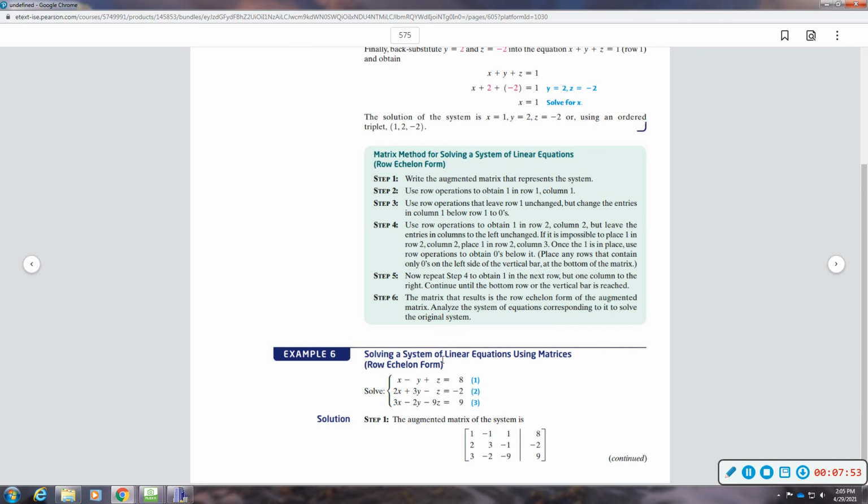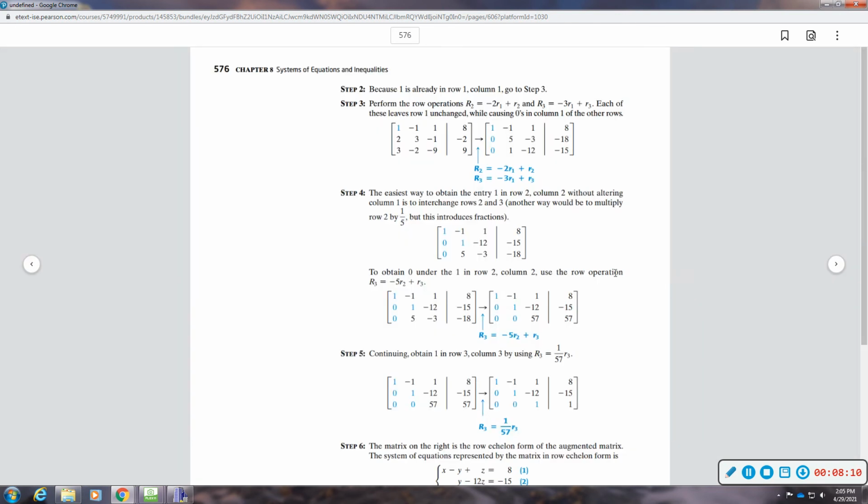So here is solving the matrices. To give you an example, here's a system of equations. Here it is in matrix form. They also call that coefficient form, I believe. They start to solve it.